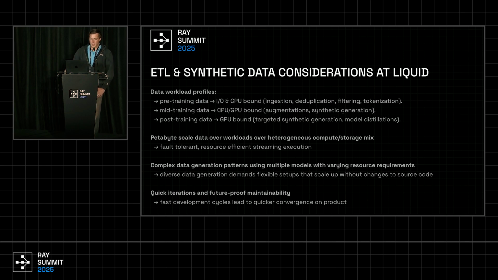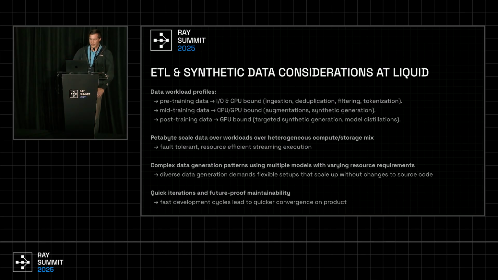So this needs to scale to petabytes because of the early stages. It needs to handle complex generation patterns, so things where we can develop arbitrary orchestrations of multiple models together. And quality assure the output.